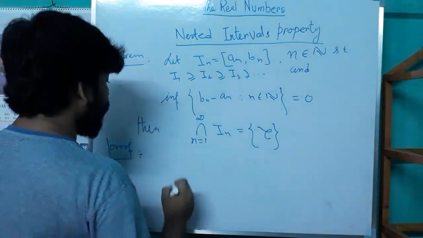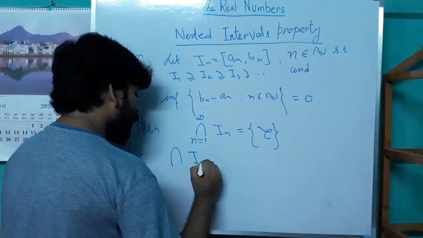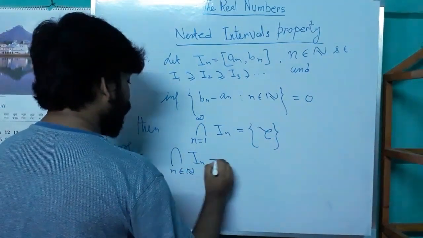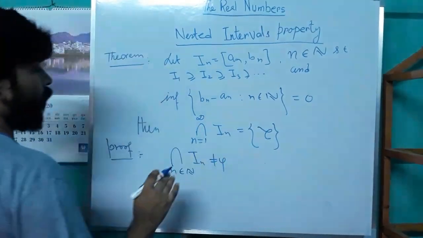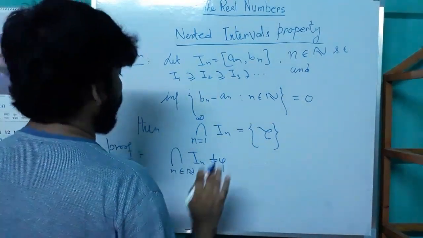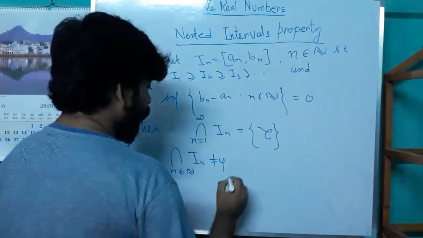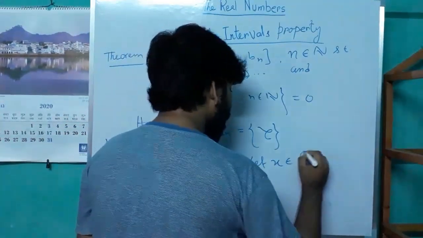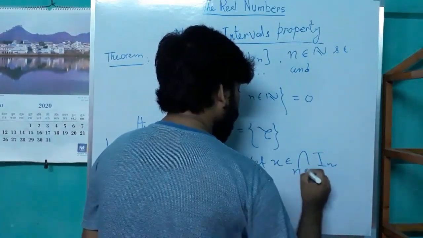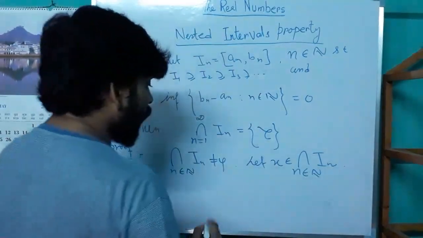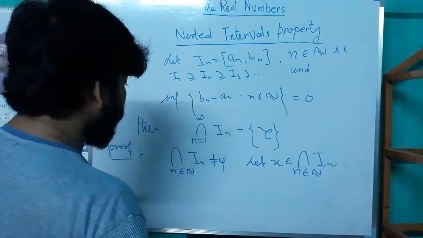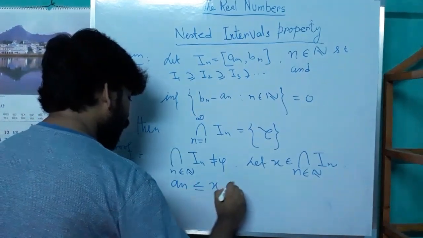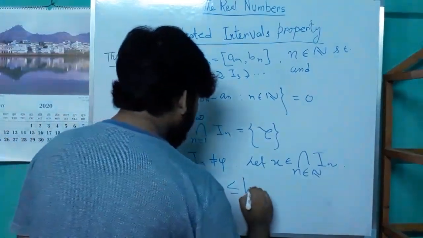In our previous result we have seen that the intersection is non-empty, since this is a sequence of closed bounded nested intervals. So let x be an element from the intersection. Since x belongs to every interval, an less or equal to x less or equal to bn.